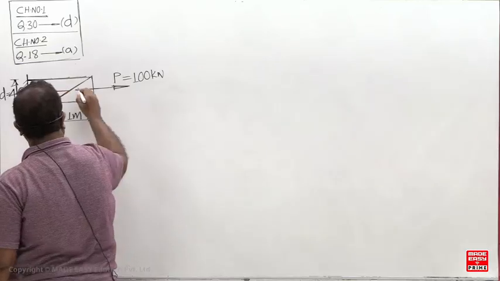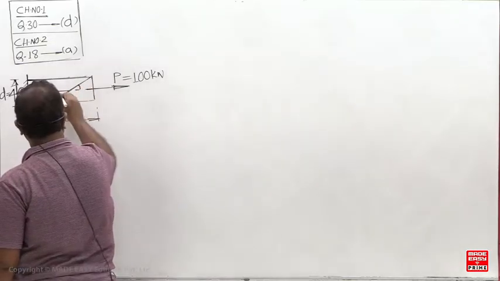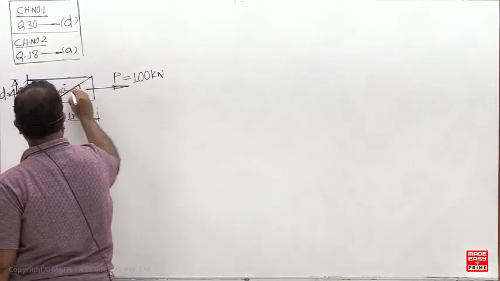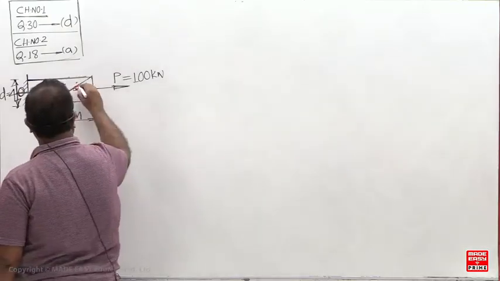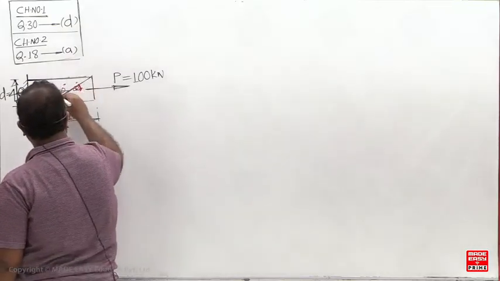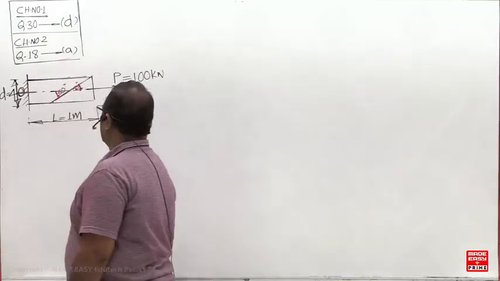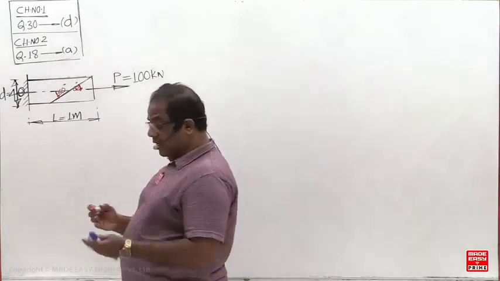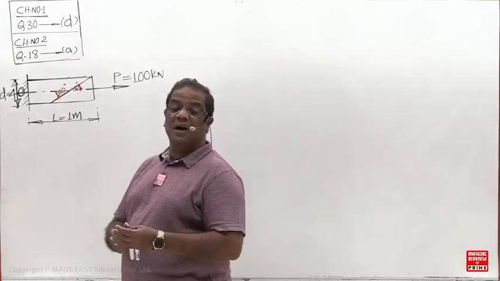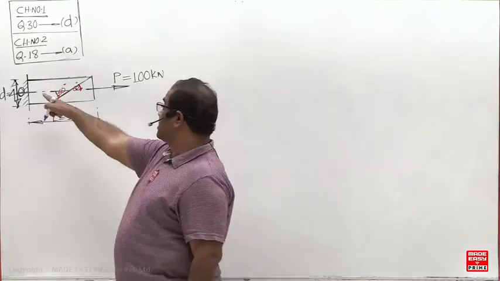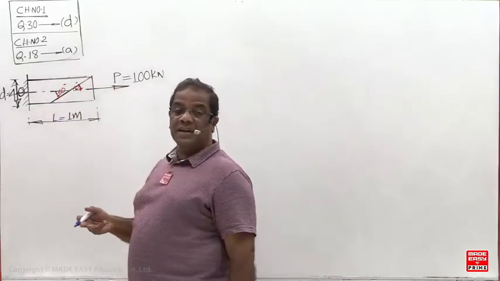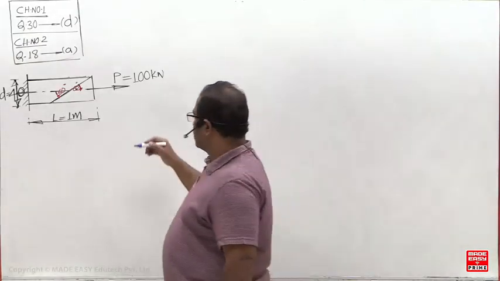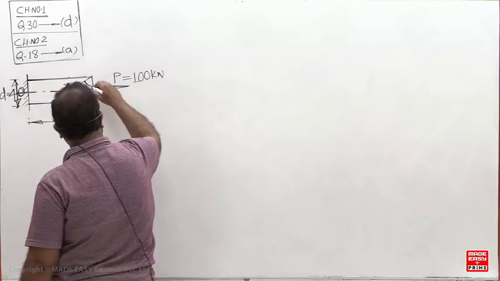These two angles are the same. 60 is given. Now it asks to find the normal and shear stress on a plane inclined at 60 degrees to the longitudinal axis. But in our case, theta is measured from where? Theta is measured from the cross section. So theta will be 30 degrees.